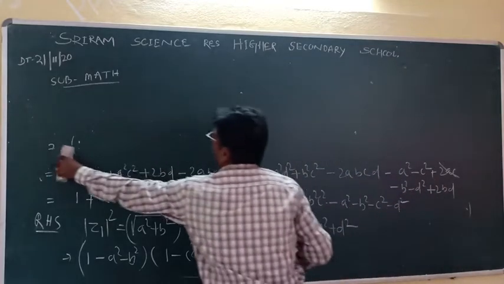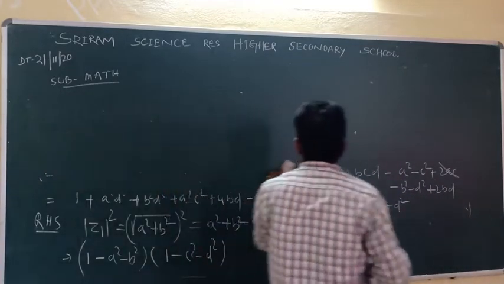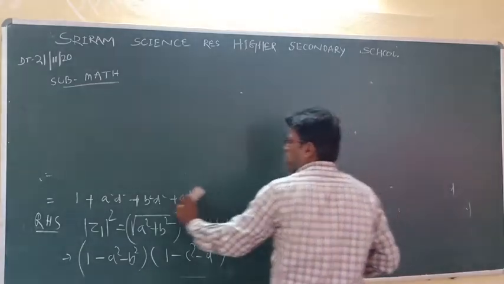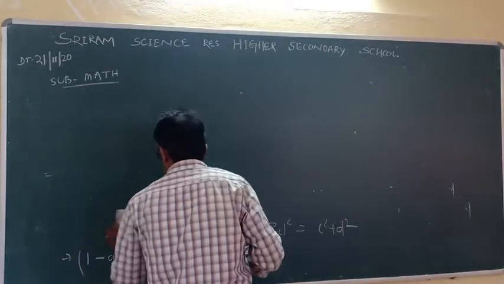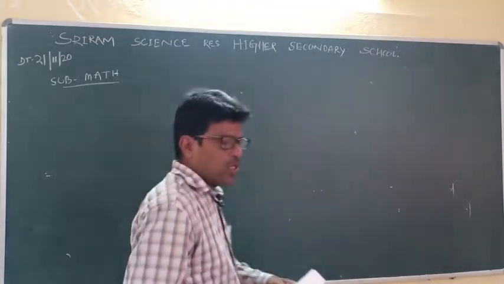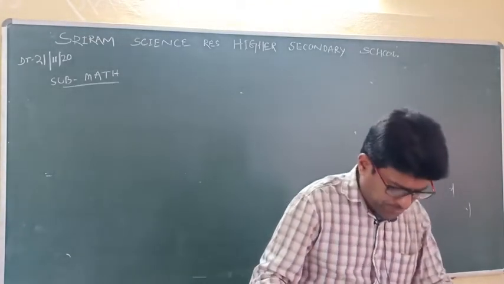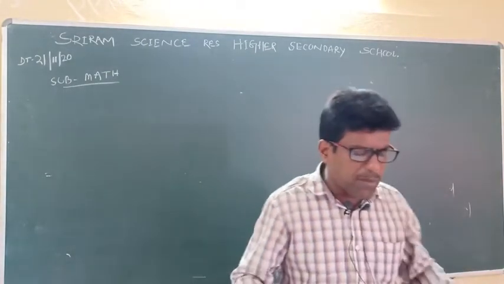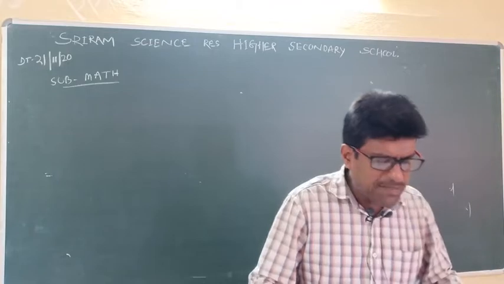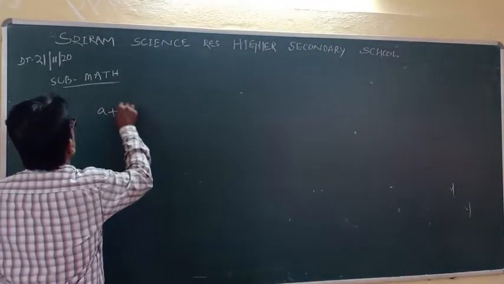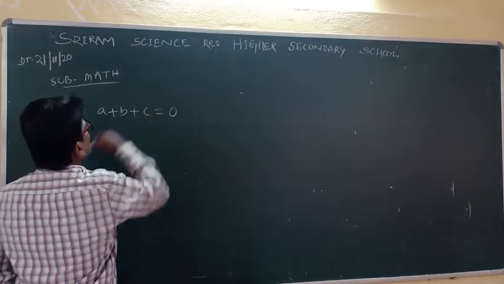Now number 2. Number 2 uses some important ideas, some tricks that you must adopt. Number 2: if a, b, c are complex numbers given and satisfying a plus b plus c is equal to 0, that condition given.